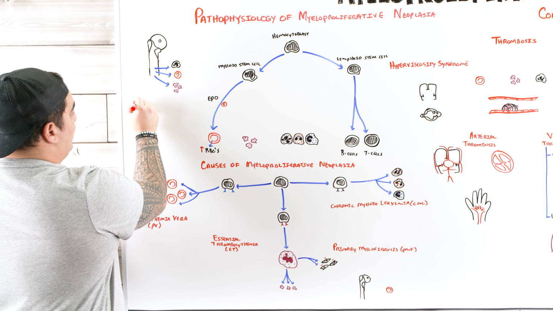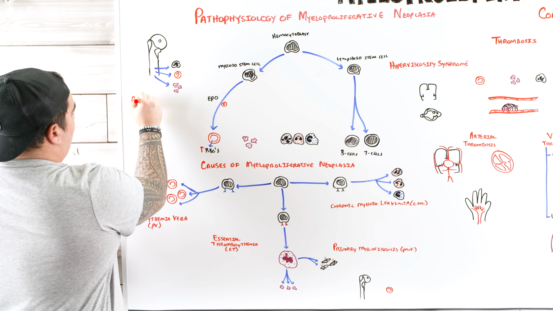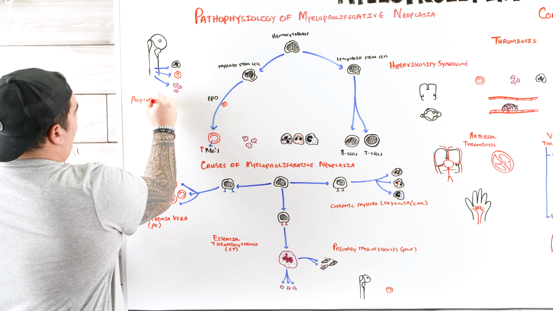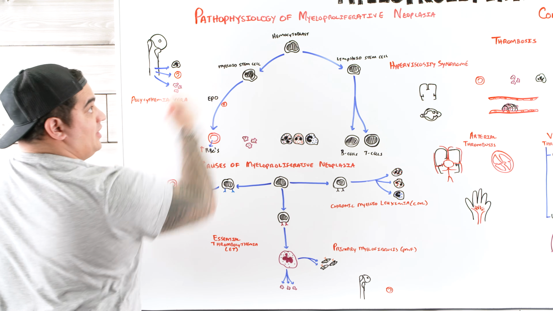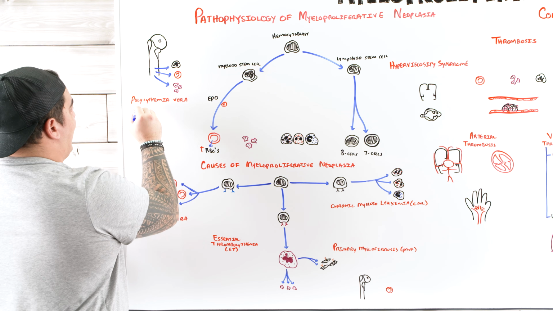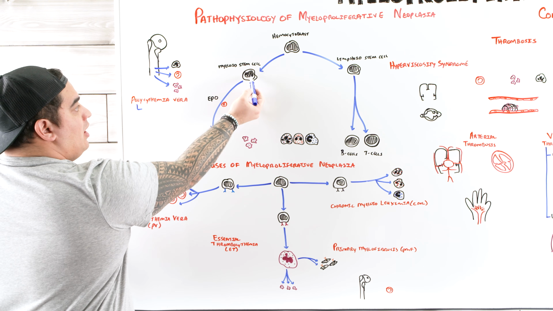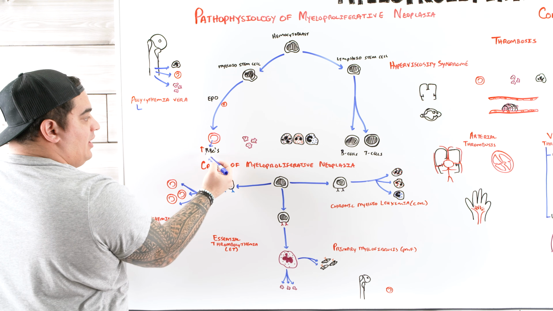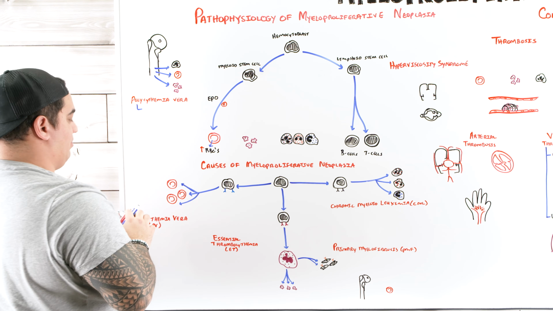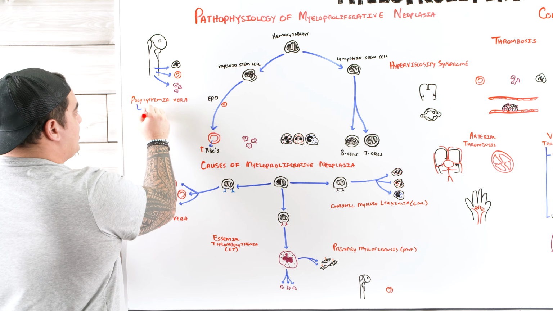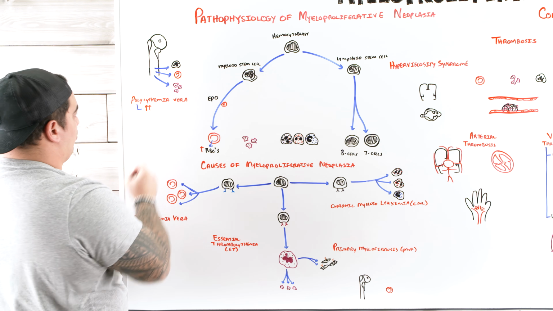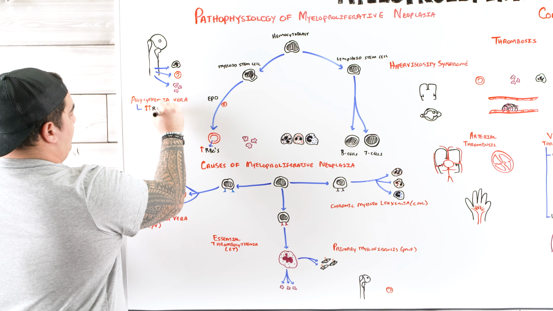So Polycythemia Vera is a very specific type of myeloproliferative neoplasia. And this is categorized as when the myeloid stem cell actively proliferates and becomes lots and lots of red blood cells. And so this one is characterized by which myeloid cell line being increased? An increase in the red blood cells. All right.